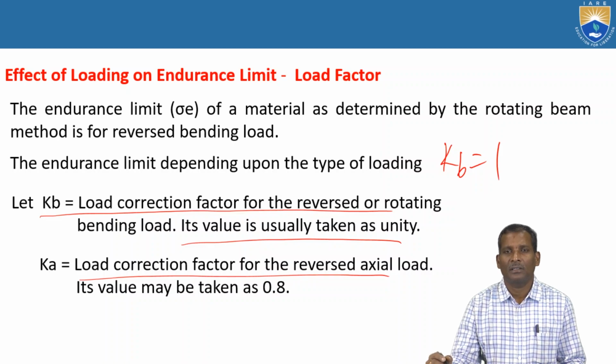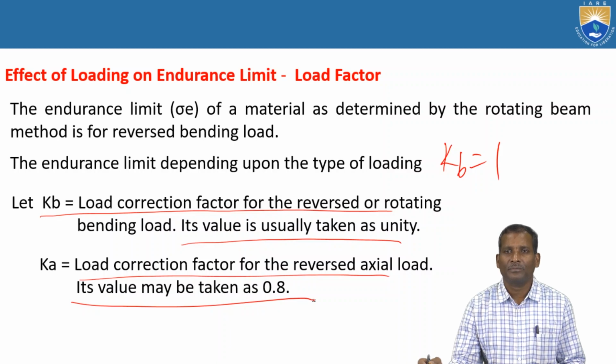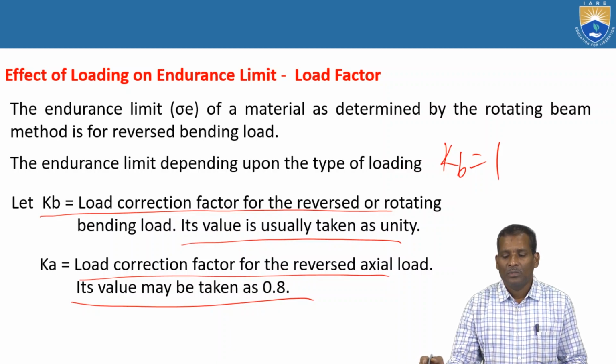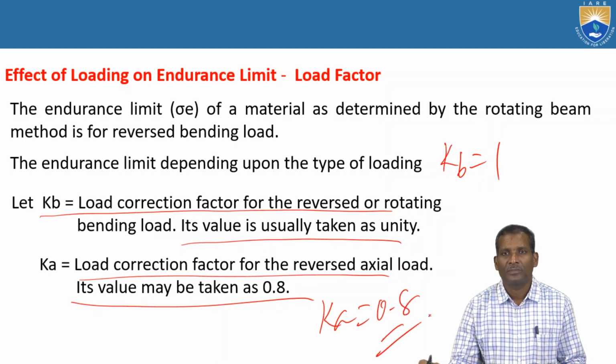In that condition, you should take the Ka value, the reversed axial load factor. It may be taken as 0.8. So Ka is 0.8. Sometimes it may not be given in the problem. In that case, you have to assume the Ka value is 0.8. Suppose if you don't know the correction factor values, you may assume 1 also.